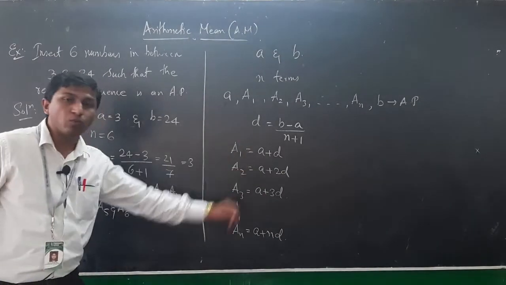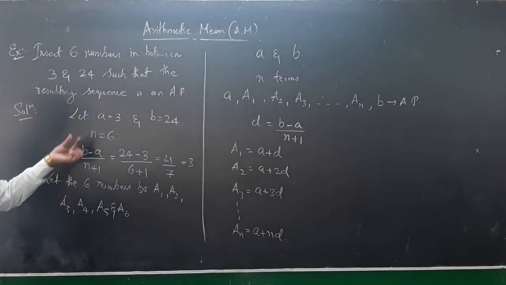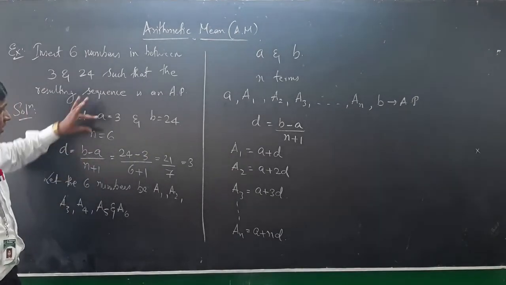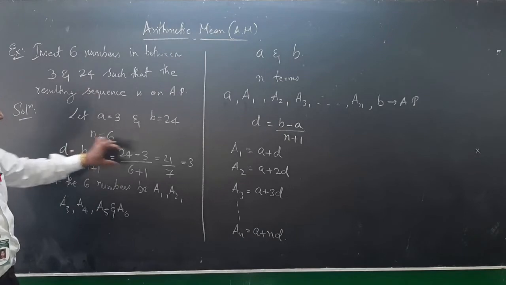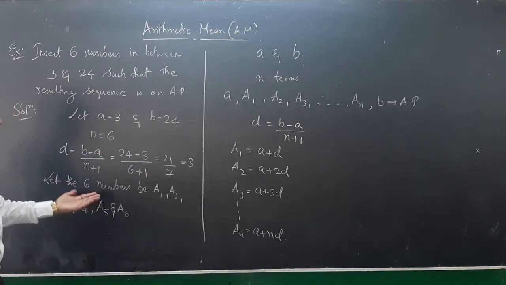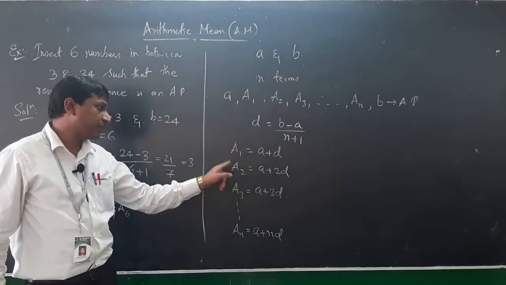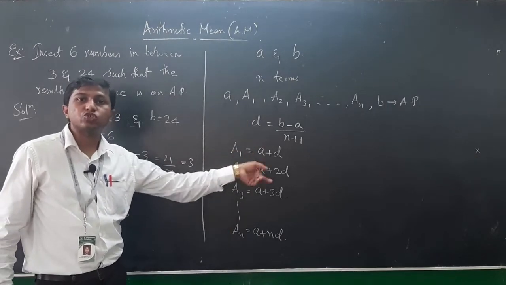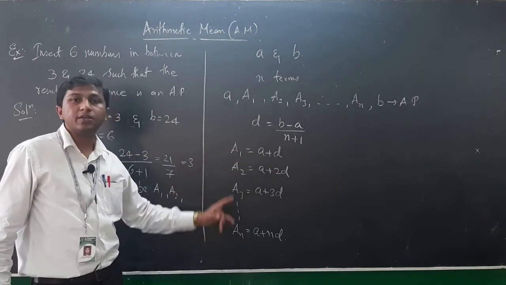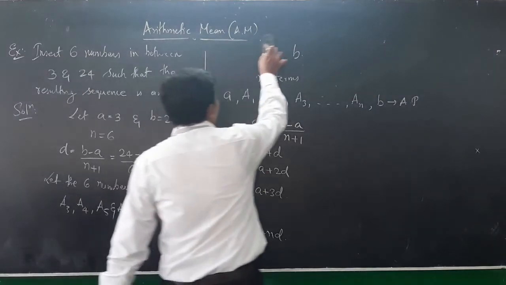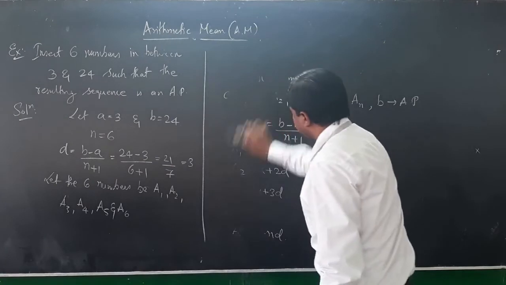So what is a1? a1 is nothing but a plus d. We have got the value of a, we have calculated the value of d. All we have to do is a1 will be a plus d, a2 will be a plus 2 into d, a3 will be a plus 3 into d, and so on.